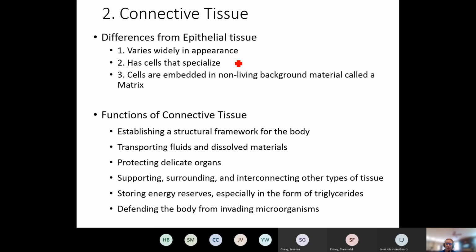And inside that watery background material, there will be some proteins. And the proteins of interest that we care about are going to be collagen, elastin, and reticular fibers, all right?